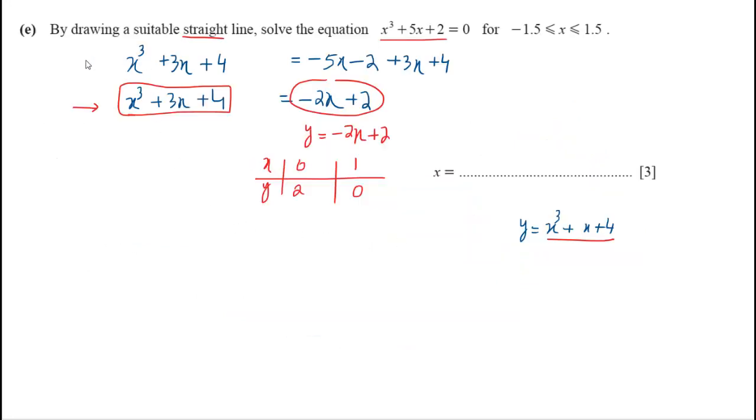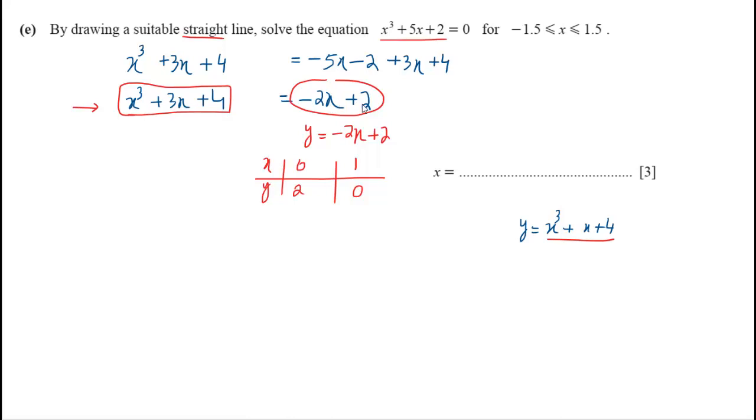We can rearrange this by drawing a suitable straight line. So we have just drawn the line, and now we have to solve this equation. And we know that the solution of this equation will be the solution of this one, and the solution of this one will be the point of intersection of this graph and this graph.